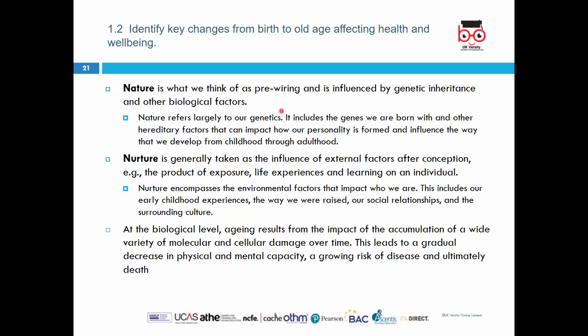Okay, and yeah. So nature is what we think, and this is known as pre-wiring. You have genetic inheritance and other biological factors. For example, there's a person with a calm nature, and the child inherits that from some of their adults.